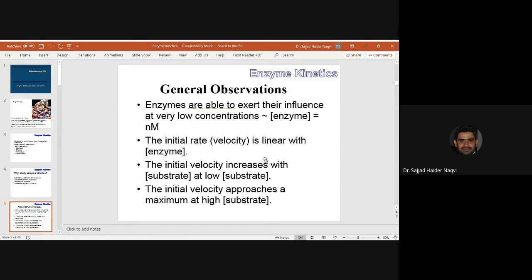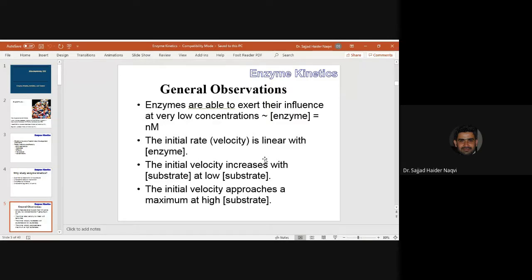Now, why is this observation there? If you remember my last lecture, we discussed that enzymes are proteins. They are big in structure, and an enzyme can have multiple active sites. Just to give you an idea, one molecule of enzyme may have 10, 15, or 20 active sites, and on those active sites it can bind with the substrate.